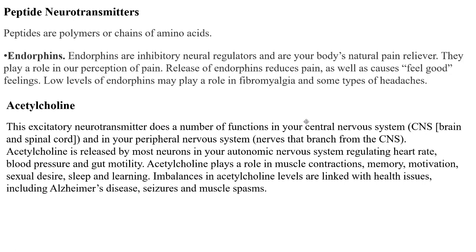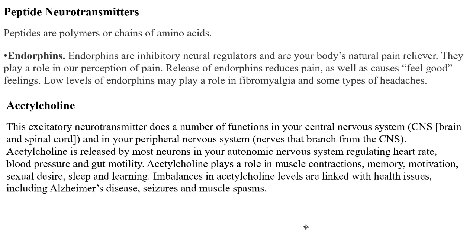Then there is another neurotransmitter, which is acetylcholine. So this excitatory neurotransmitter does a number of functions in your central nervous system and in your peripheral nervous system. It is released by most neurons in the autonomic nervous system, regulating heart rate, blood pressure, gut motility. It plays a role in muscle contraction, memory, motivation, sexual desires, sleep, and learning.